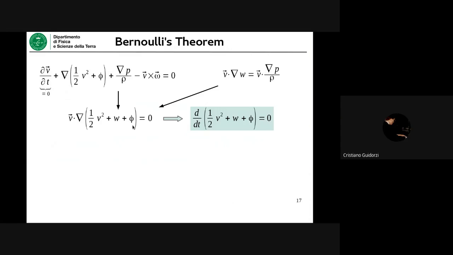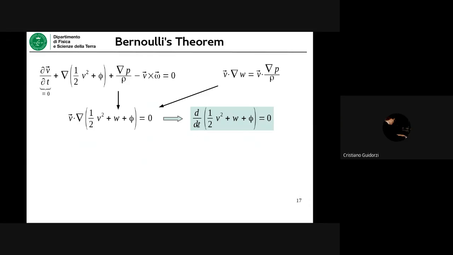But that means that this quantity is also the total time derivative of what you have among brackets, if you think, because the total time derivative should be V scalar gradient of something plus the partial time derivative of the same something. But we are in the steady flow, so V scalar gradient is just the total time derivative of what you're having among brackets.